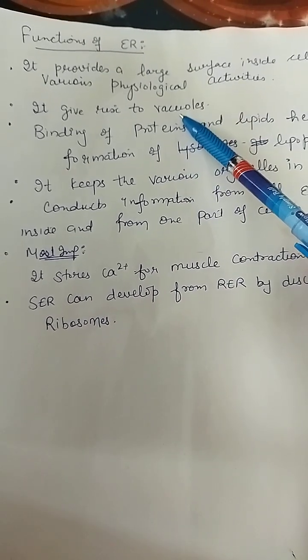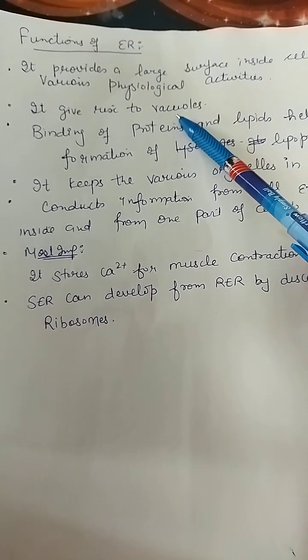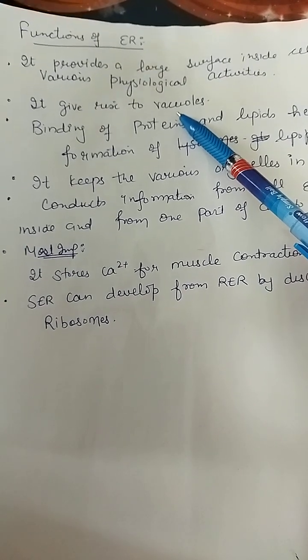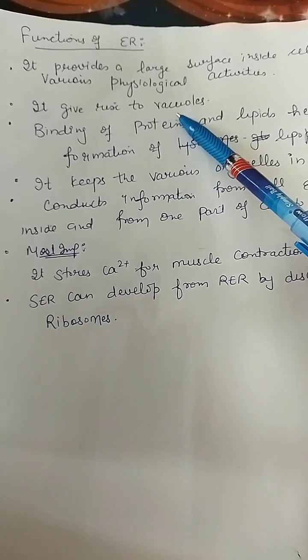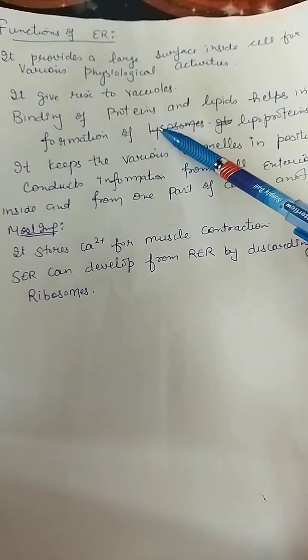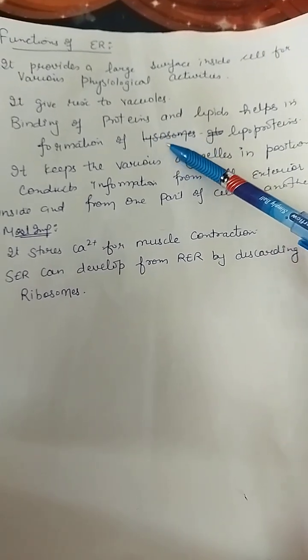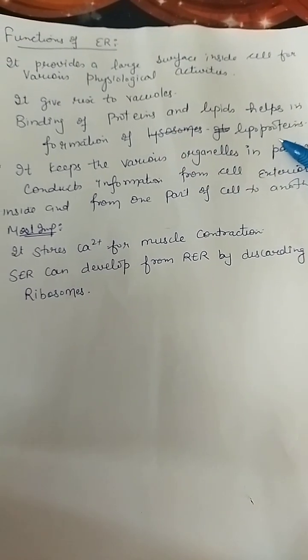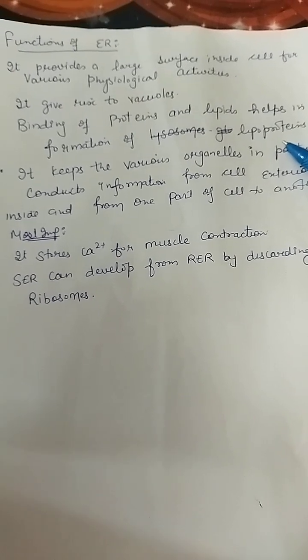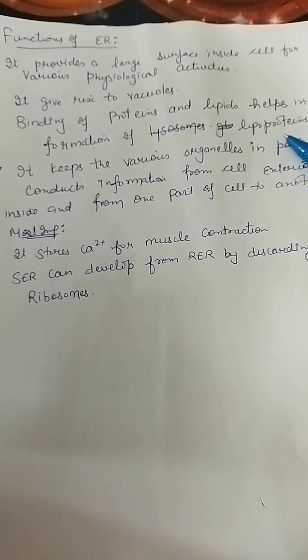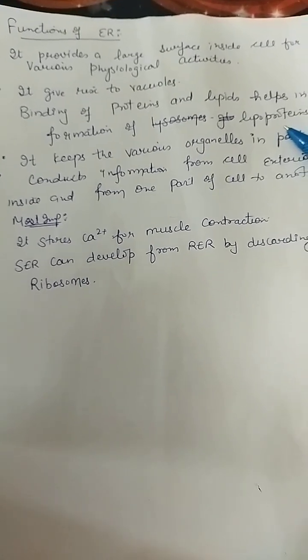Second point is it gives rise to the vacuoles, it helps to synthesize part of the Golgi body known as the vacuoles. Binding of proteins and lipids helps in the formation of lipoproteins. The combination of lipids and proteins is known as lipoproteins.